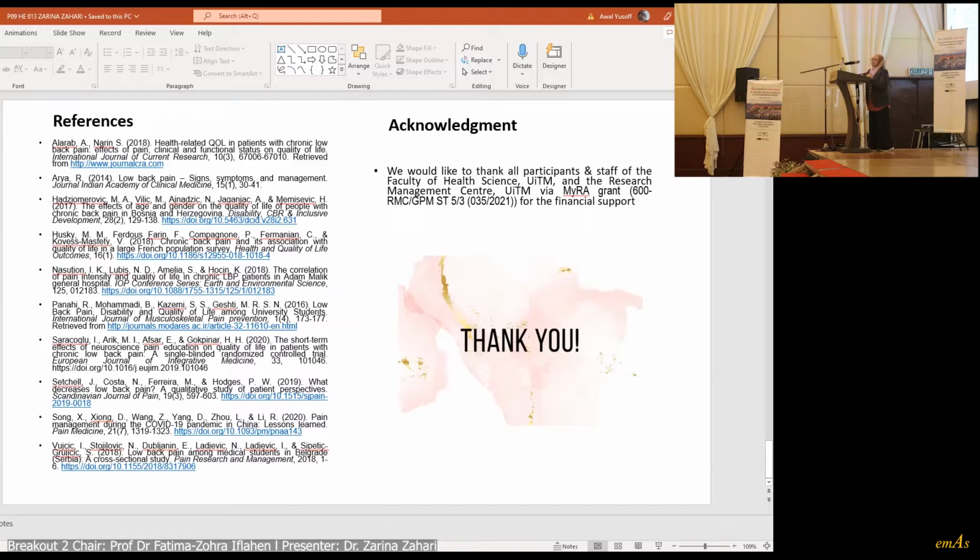But studies conducted among medical students showed high prevalence of low back pain, which could be due to some other reasons such as curriculum.